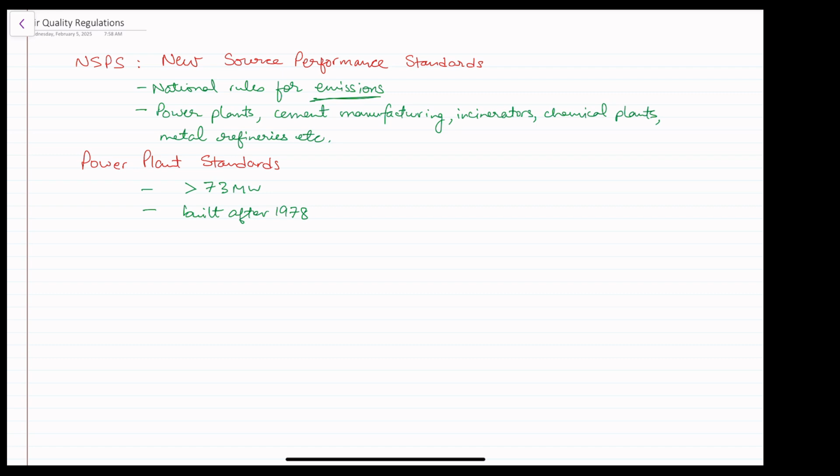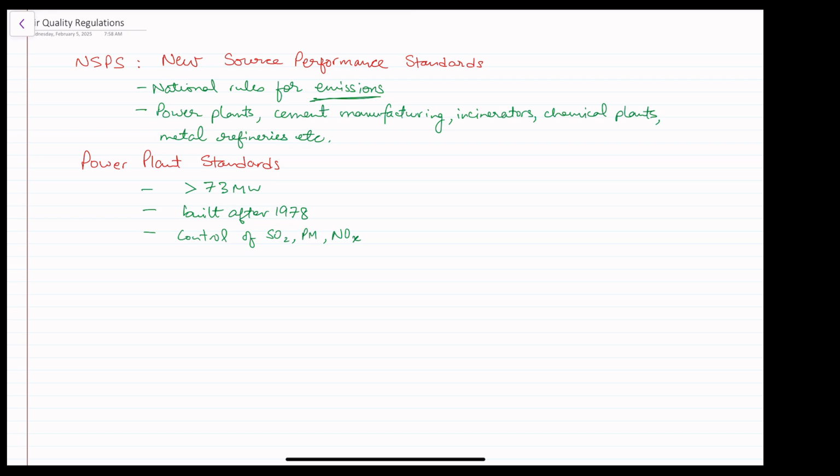And it defined standards for mainly three pollutants. It directed control of sulfur dioxide, particulate matter, and nitrogen oxides, NOx.